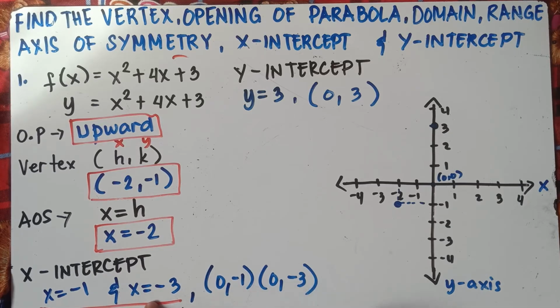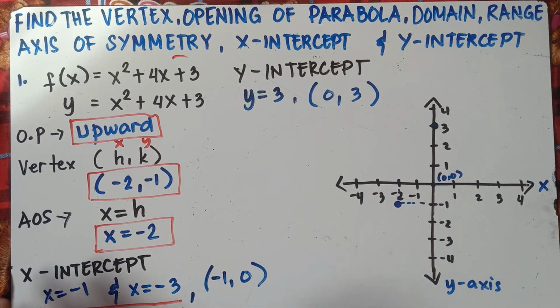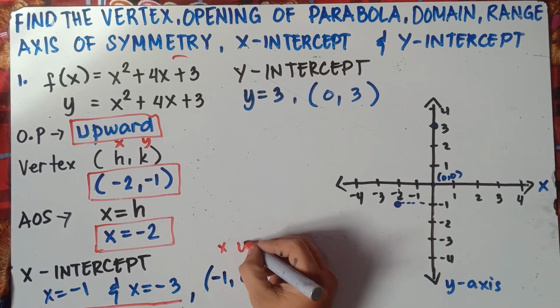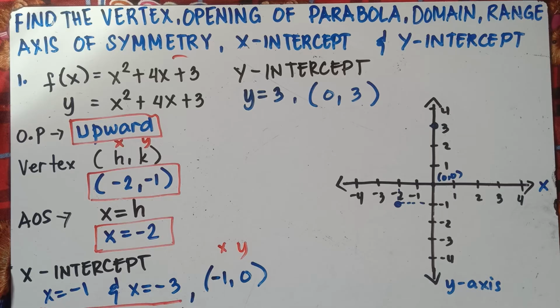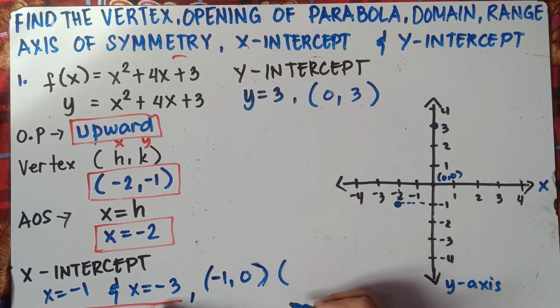So this will be negative 1, then 0. This is not 0, negative 1. It should be negative 1, then 0, because we let y equal to 0, right? And the ordered pair would be x and y. My apology, class. It should be -1 and 0, and the other one should be -3 and 0.